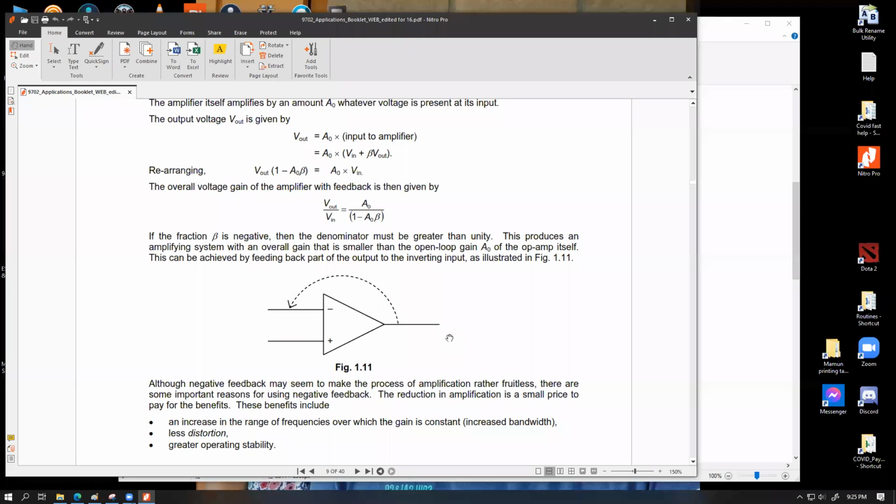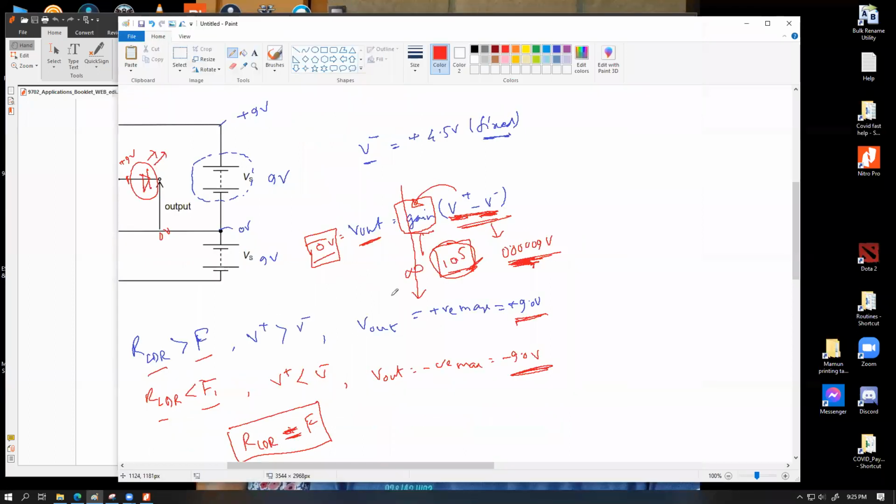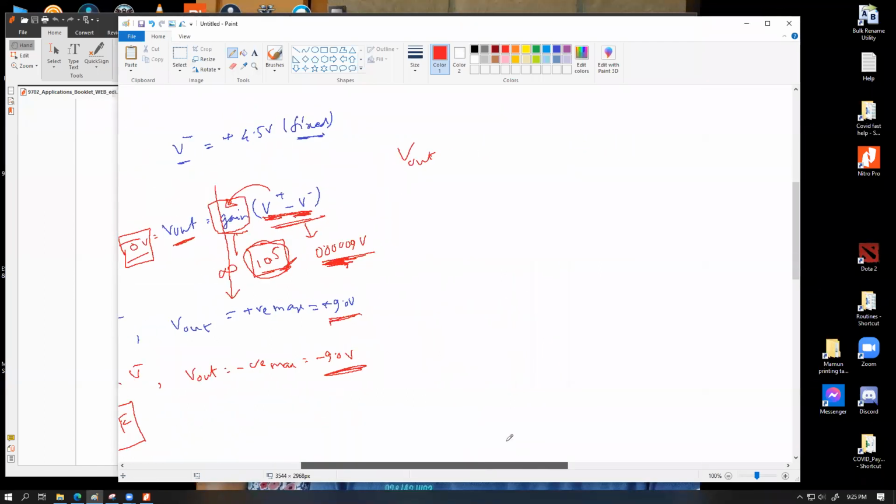Negative feedback means, here you can see that feedback is always added to the inverting input of the op-amp. Why inverting input? Because, have a look, in this case V out equals gain into V plus minus V minus.